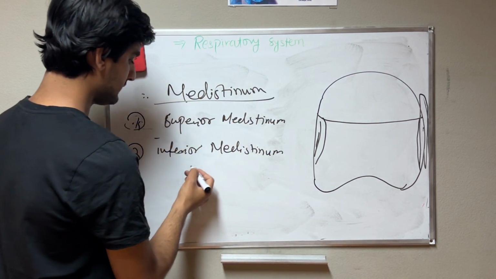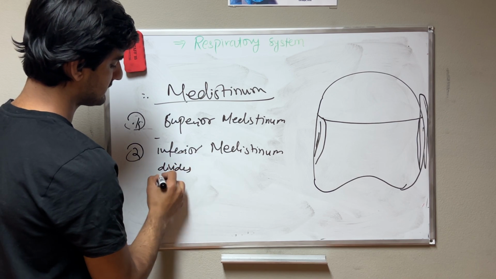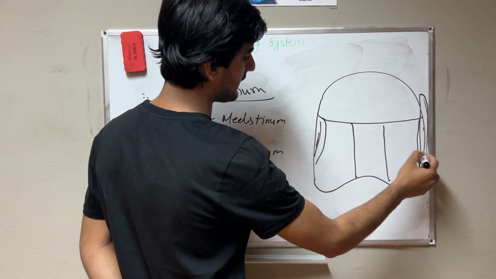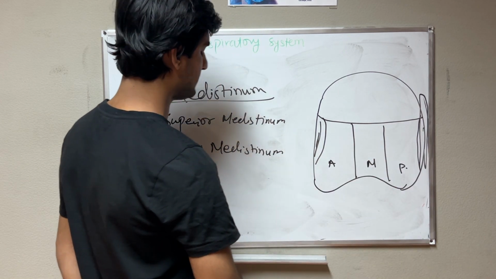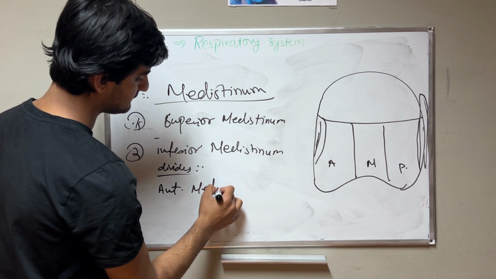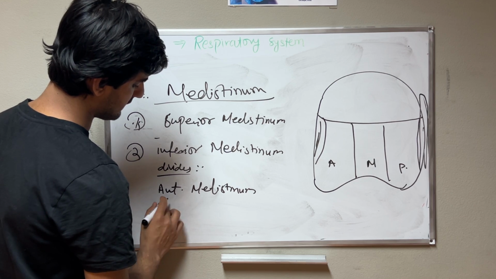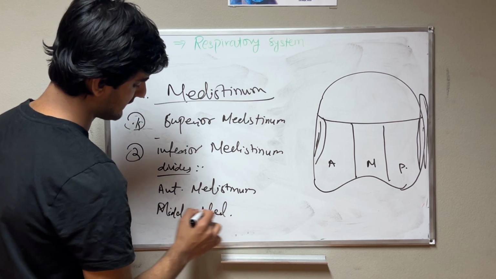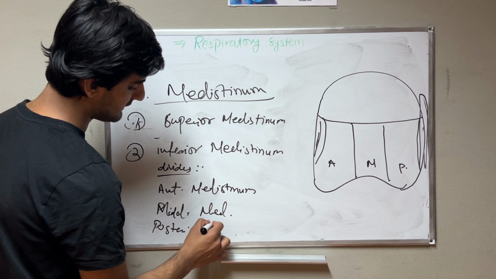Now the inferior mediastinum is divided into three other mediastinums: anterior, middle, and posterior. Here is the anterior mediastinum, the middle mediastinum, and the posterior mediastinum.